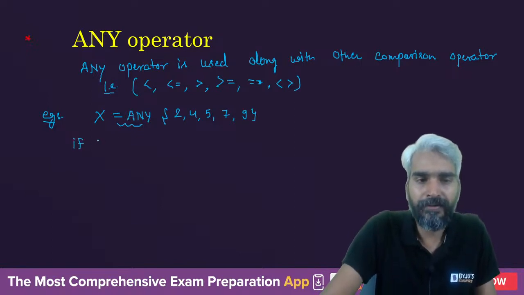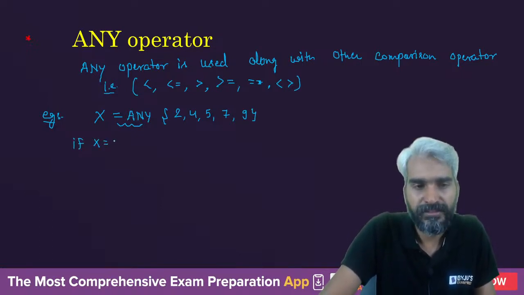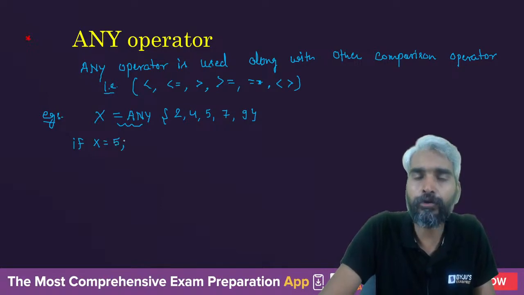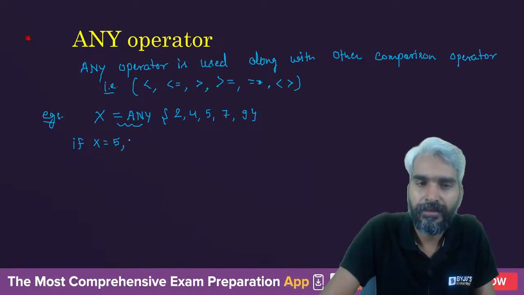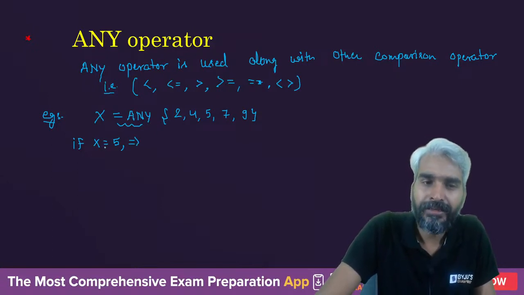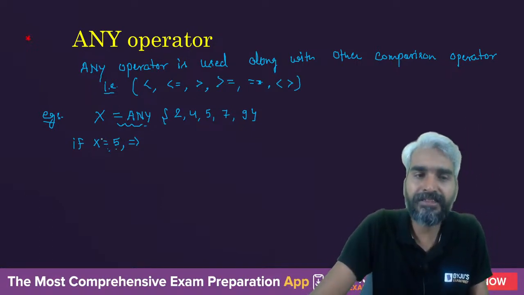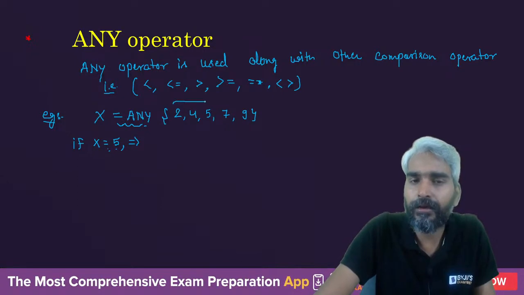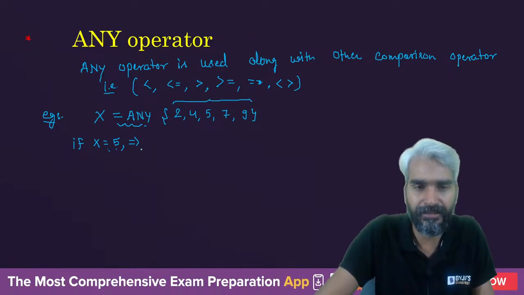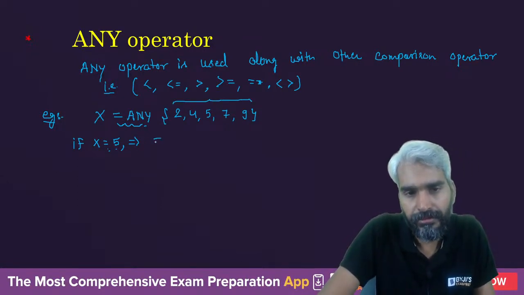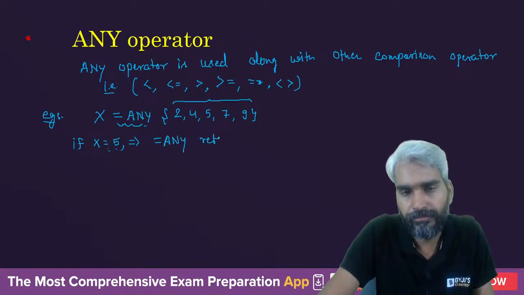So what will happen if x equals to 5? If x equals to 5, what will be the output of any? If x equals to 5, any will return true because is 5 equals to any of the elements of this set? Yes, sir. So equals to any returns true.